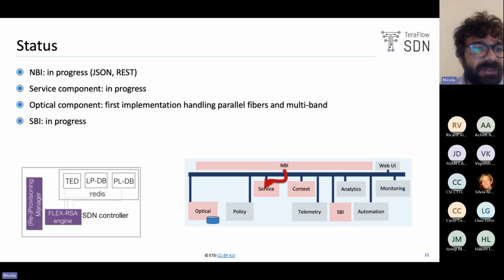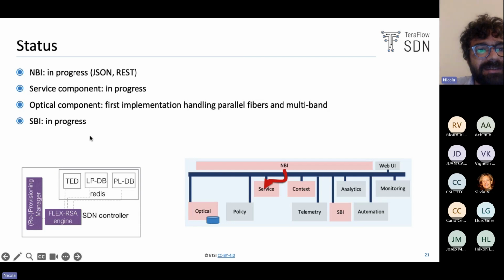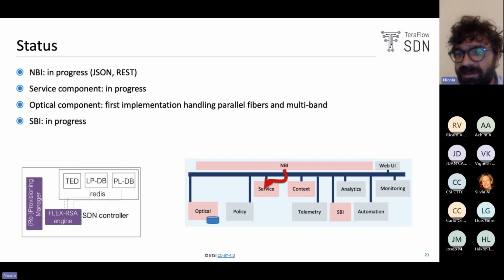And there is also a first implementation of the southbound interface, considering the previously reported YANG models and NetConf. Basically, we are still targeting the integration of the optical component within the TeraFlow architecture, and these other components are in progress. We are working on it within this FlexScale project.